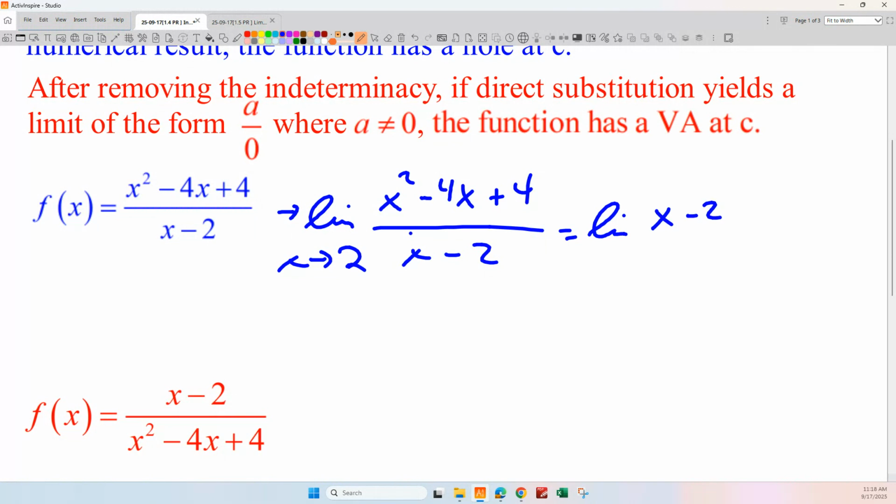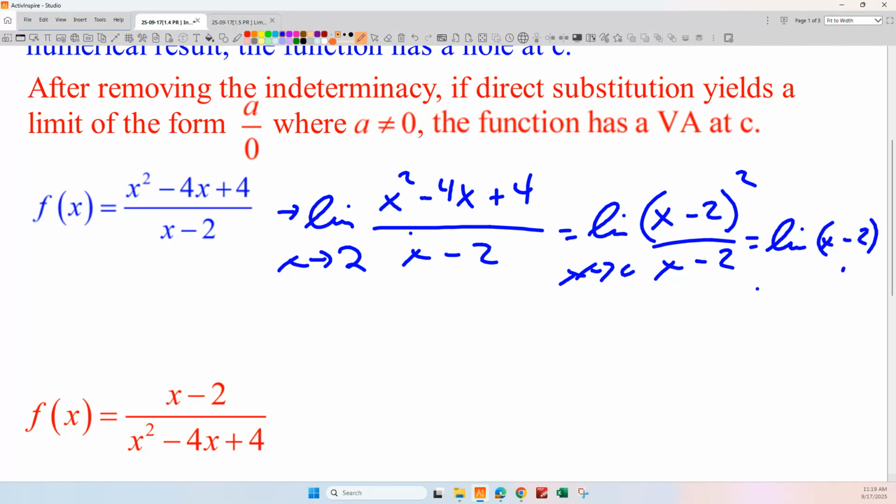So that just factors into x minus 2 times x minus 2, right? What's that simplify to? Which is 0. Okay, so that one had a hole. That one had a hole at the point x equals 2, y equals 0. And that's the limit.